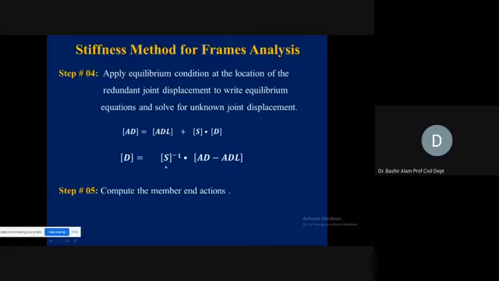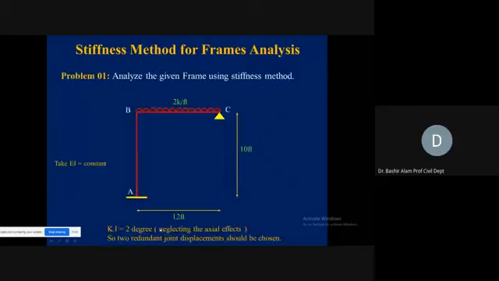We have all three parameters on the right hand side, so we can put them in the equation and find the unknown Ds. Then compute the member end actions. So for the member end actions, what is the equation? AM is equal to AML plus AMD times D, and D we already found here. And after this, we go and draw the shear force and bending moment diagrams.